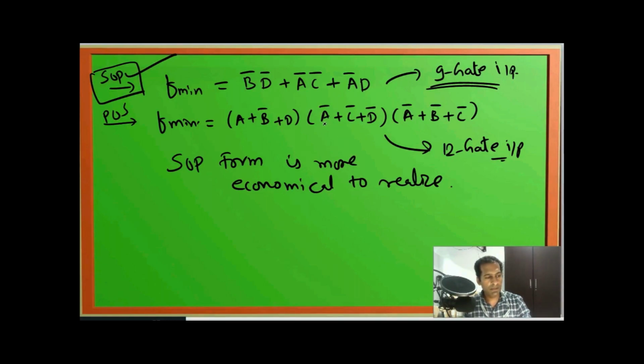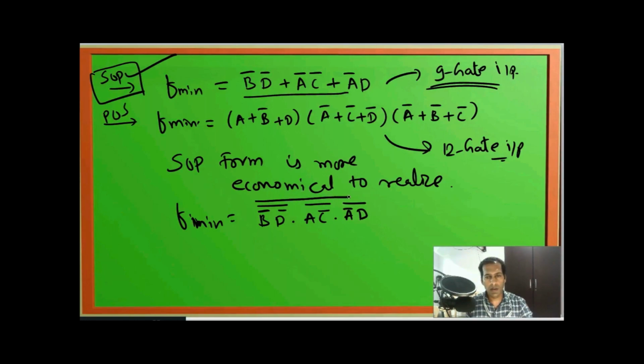Now for this SOP, we can implement the NAND logic, right? So this term we can also write as F min is equal to B bar D bar whole bar into, we'll use De Morgan's theorem, then A C bar whole bar into A bar D whole bar and bar of all of them.